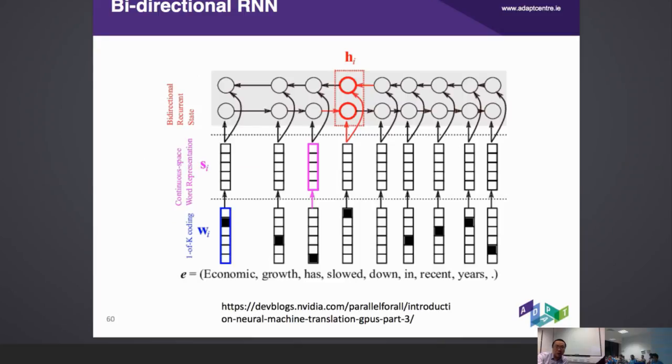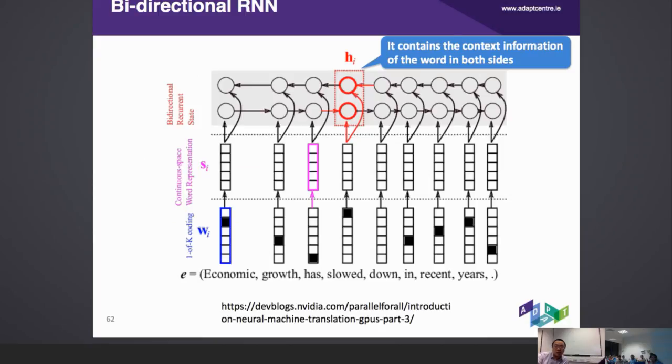At each step, we have a context vector for this word, and we concatenate the states of the forward RNN and the backward RNN to represent the state of the word, the context of the word. So we can see this state contains contextual information from both sides, from the left side and the right side.